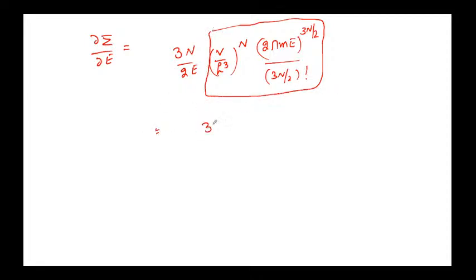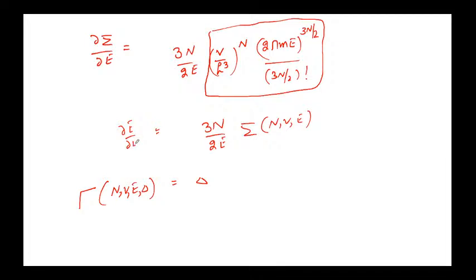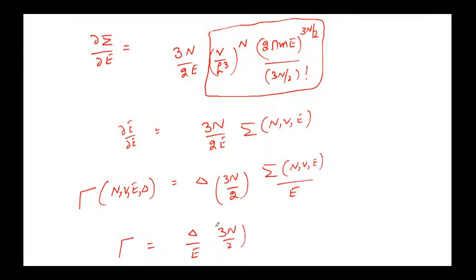So we can write 3N by 2E into sigma of N, V, E. So the new microstate, that is gamma, which is dependent upon 4 parameters, we can write as delta into curly sigma over curly E. So this is 3N by 2 into sigma of N, V, E over E. So in short, we can write gamma is delta over E, 3N by 2 into sigma.